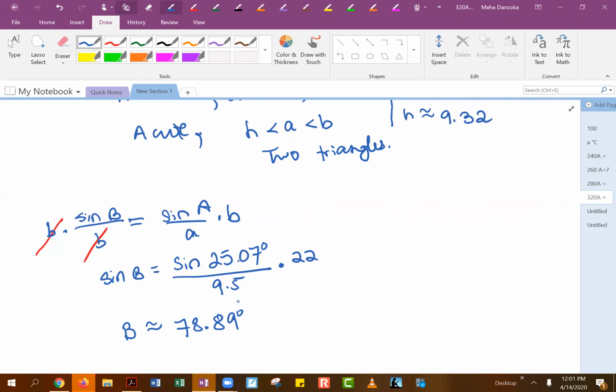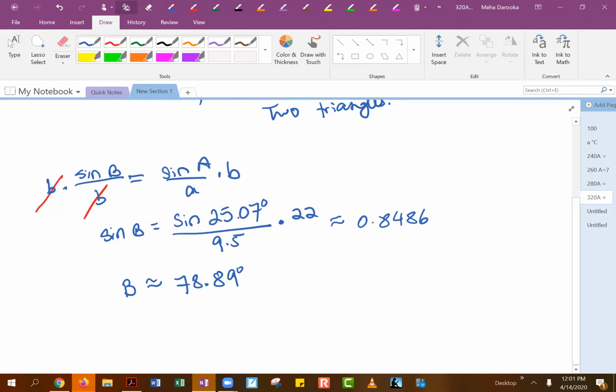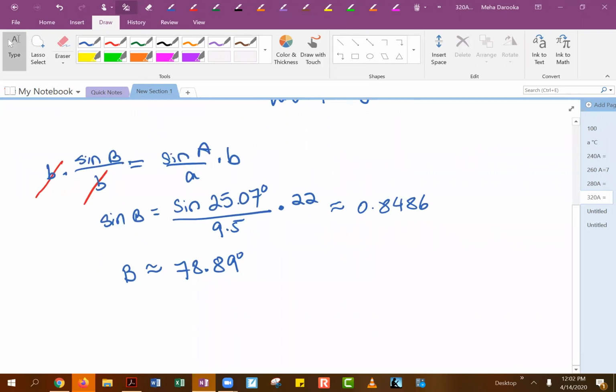If you just did the right-hand side and left that sine B as it is, you would get 0.8486 as a rounded answer. Since this number is less than 1, because remember the range of the sine function is negative 1 to positive 1, we can find angles in both quadrant 1 and quadrant 2. That's what creates these two different triangles.